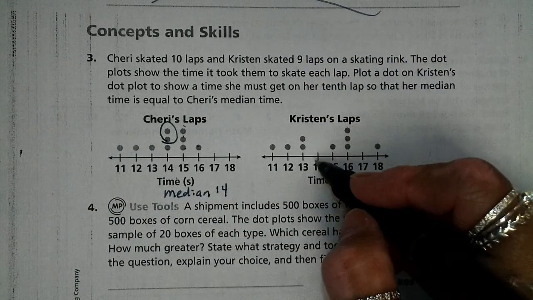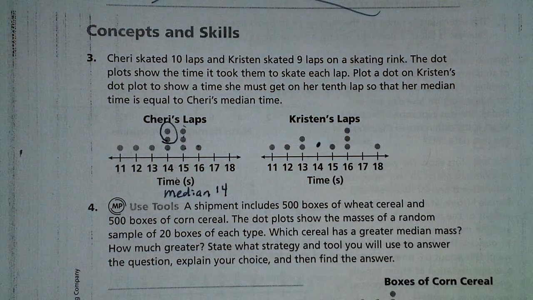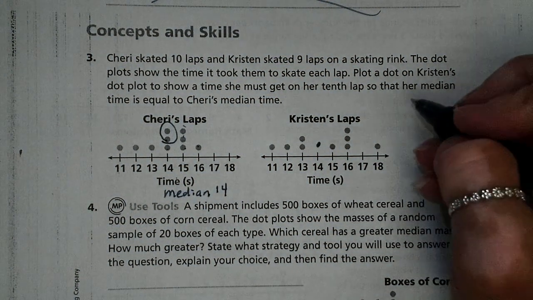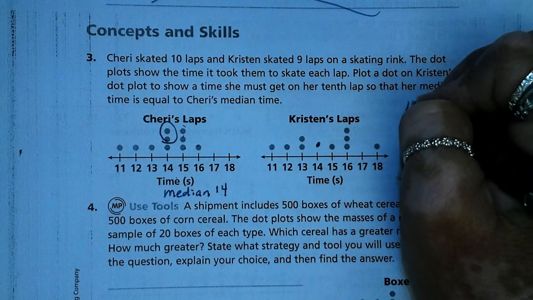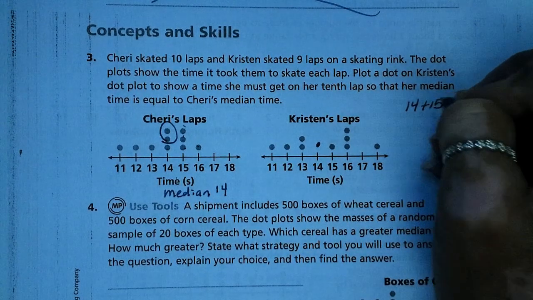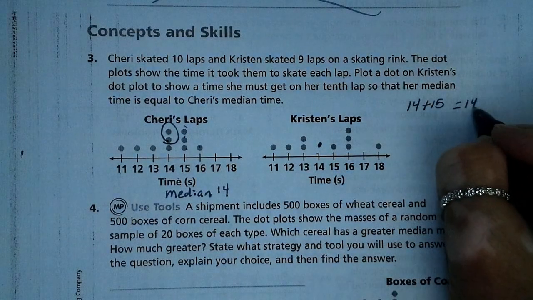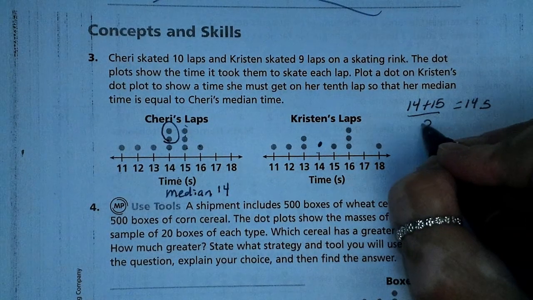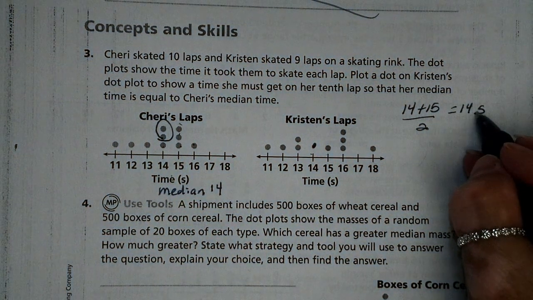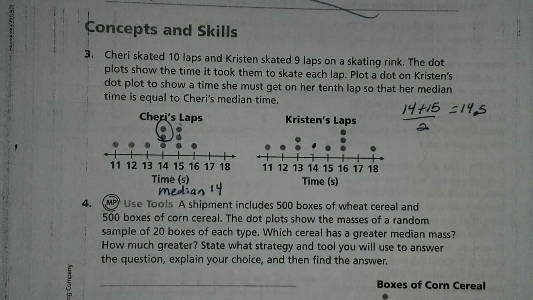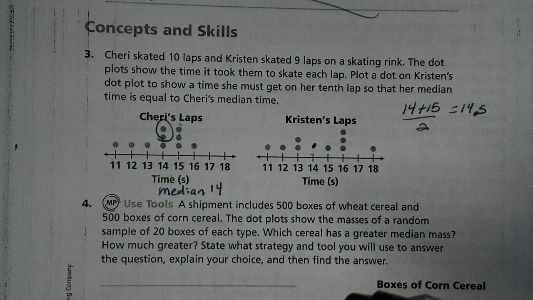So you're probably saying, well, what if I put a dot here? Well, if I put a dot there, that means I need to add 14 and 15 together and divide by 2, and my median is 14 and a half. So adding a dot at 14 is not going to work.